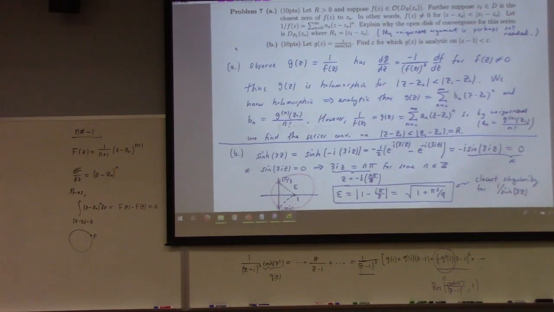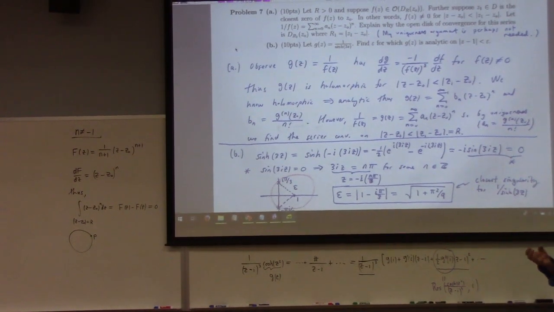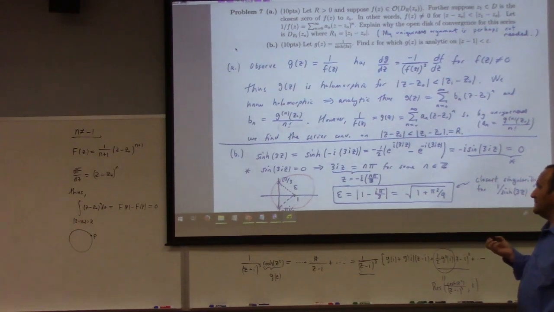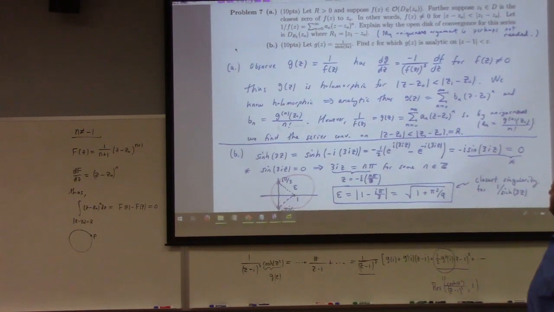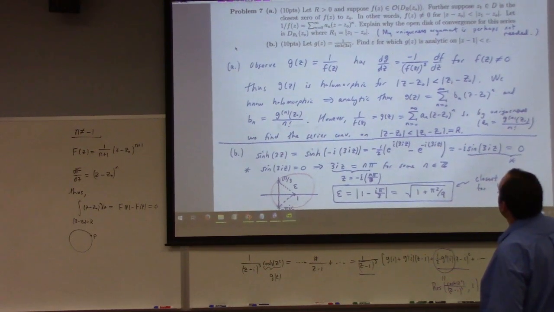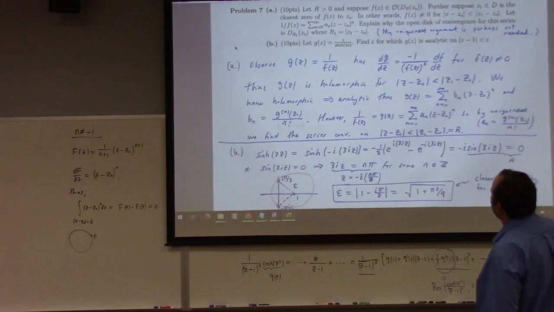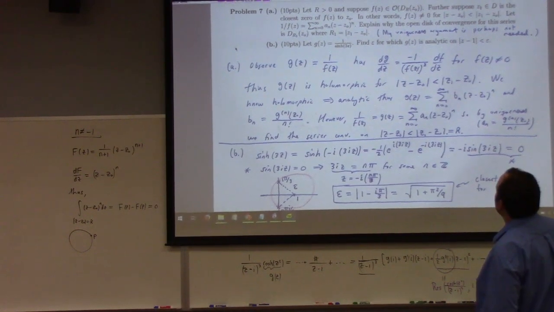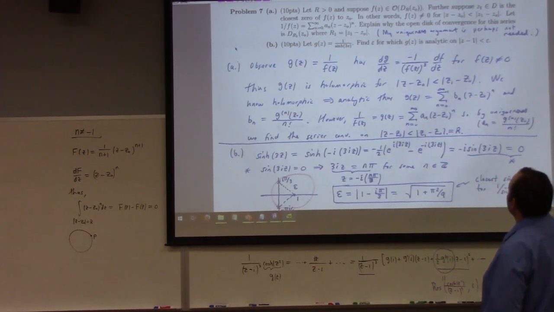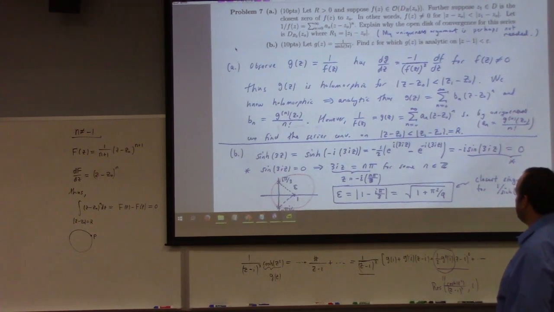No, I see what you're saying. So you're saying that since the zeros are isolated, well, isn't that what I'm telling you though? That the zero is isolated, that z1 is the closest zero to z naught. So f of z is non-zero for that disk.